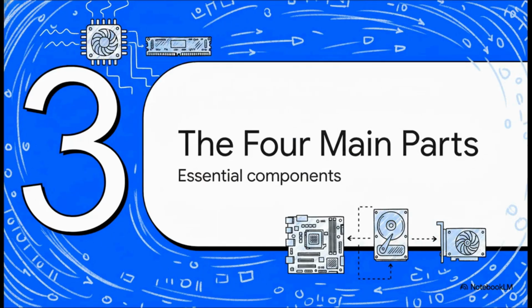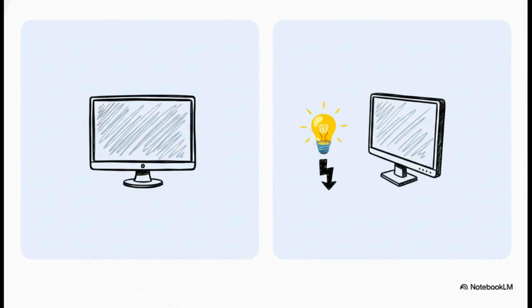Which brings us to section 3, the 4 main parts. Let's dive into the core anatomy of this machine. The very first part we need to talk about is the monitor, which looks a whole lot like a TV screen. But not all monitors are created equal. We generally have 2 main types, LCD and LED. LCD stands for liquid crystal display.